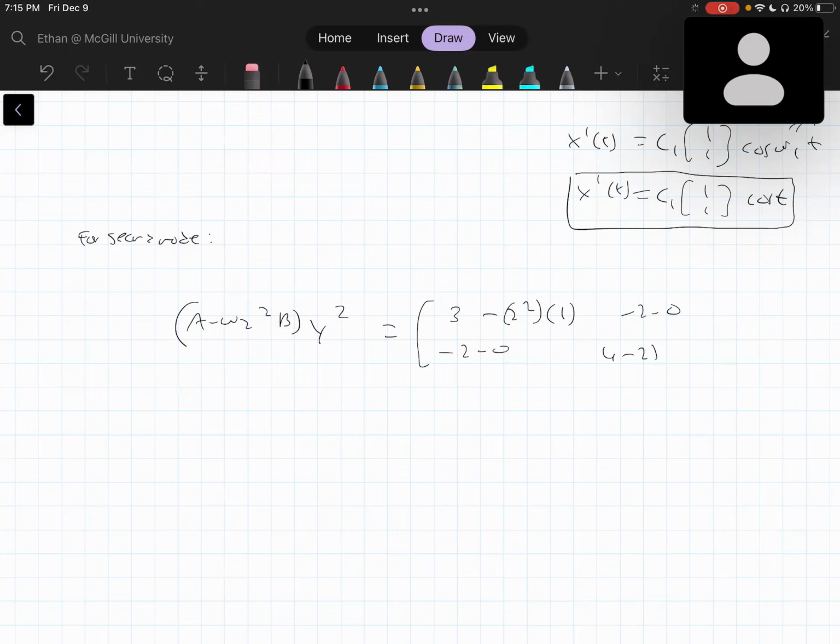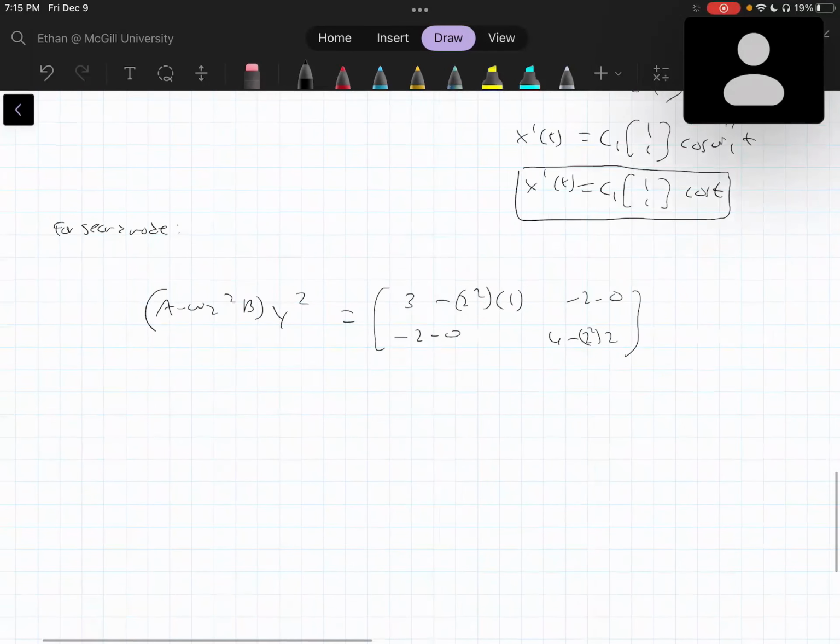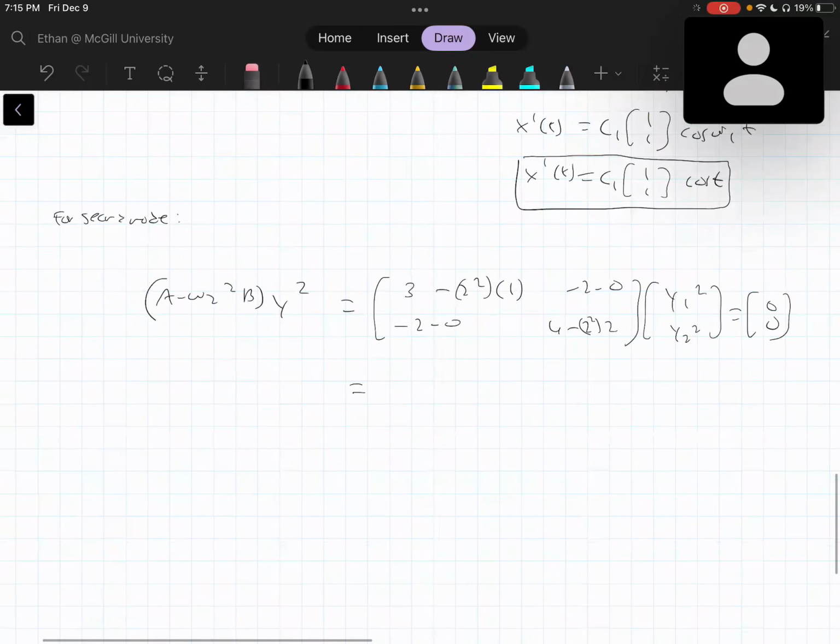And here we're going to have 4, negative 2 squared is 2. And here, again, we have our y's, and that's going to be equal to this matrix.